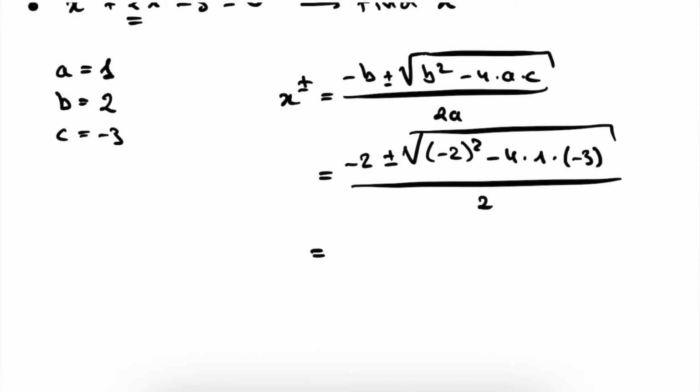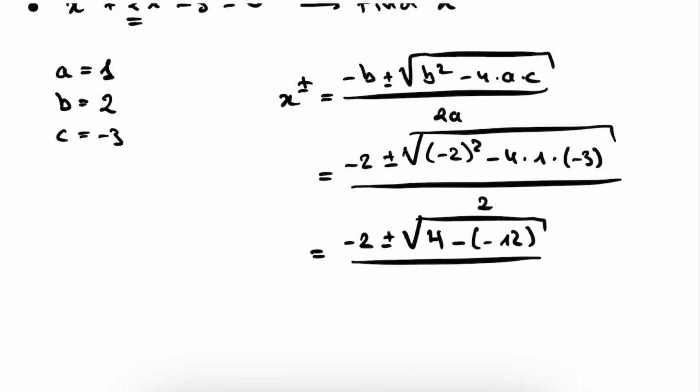So let's write this out. It's minus 2 plus minus the square root of 4, because minus 2 squared is 4, minus 12, because 4 times 1 times minus 3 is 4 times minus 3 is minus 12. And this minus sign here just stays in front of it.